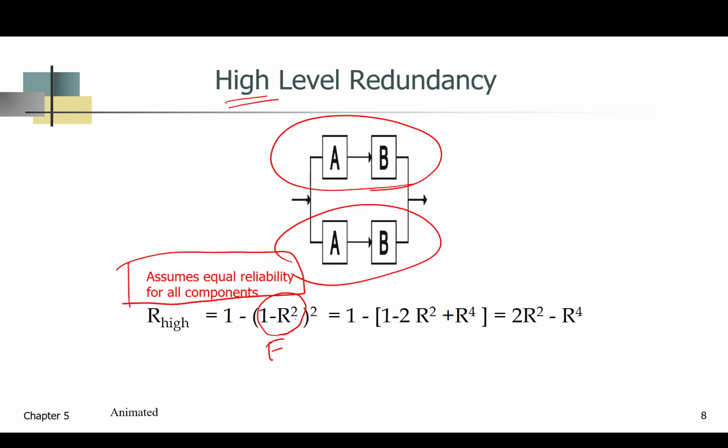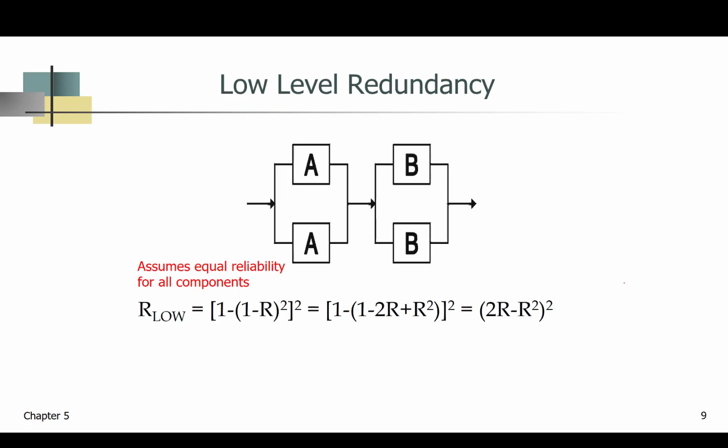So the failure would be, we can just square that. And then if we square that again, we get the failure for both series, and then we subtract it from 1. So in this fashion, if we were to work through the whole thing, we can reduce this to this form that you see here, and we will use that in a minute later.